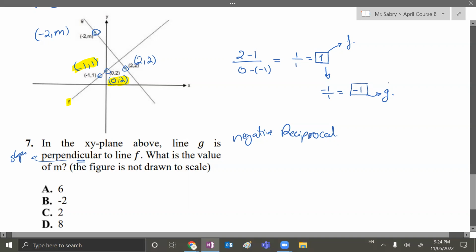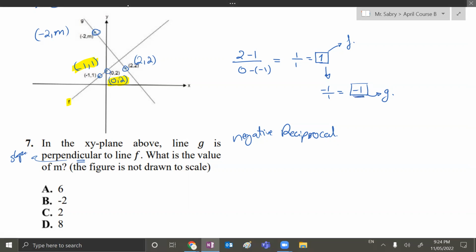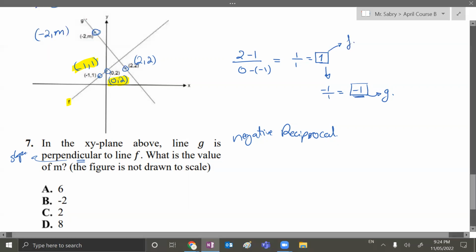So now I have the slope of the perpendicular line, -1. I'll use the points of the perpendicular line to calculate its slope. This is G, the perpendicular one. These are the points. So I'll say now that I'm supposed to put m minus 2 over -2 minus 2. That should give me the slope of -1.